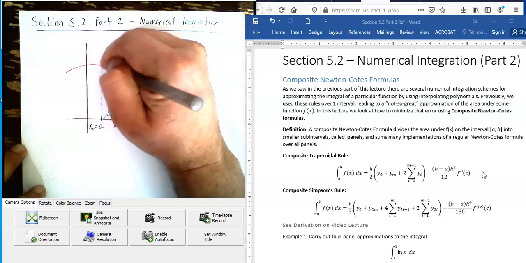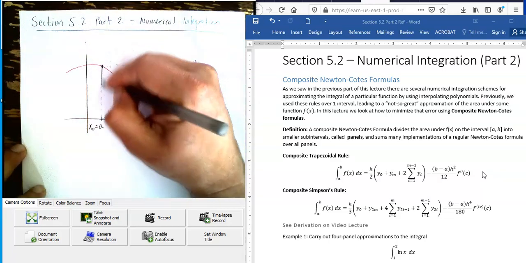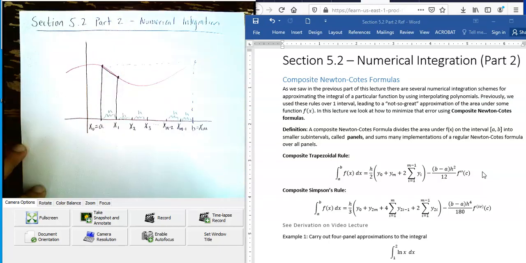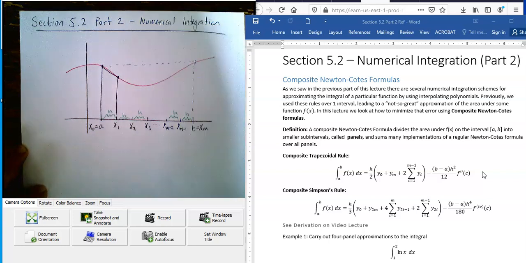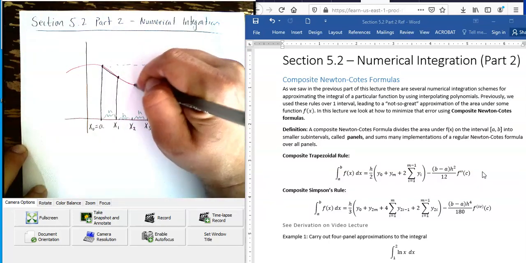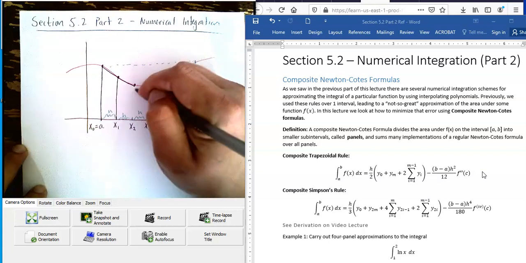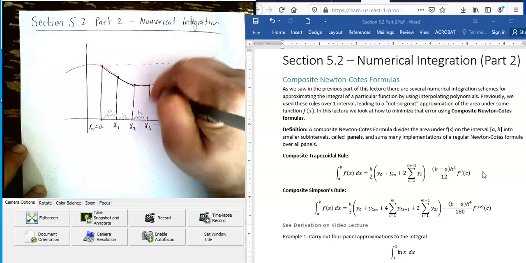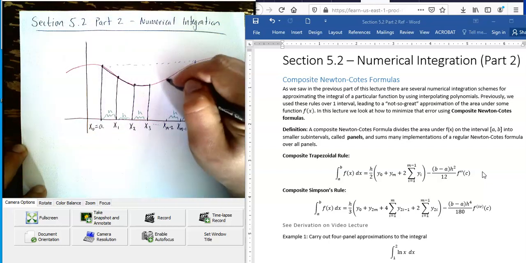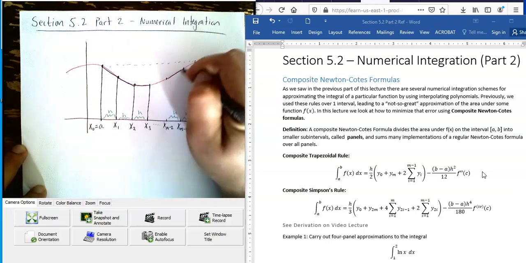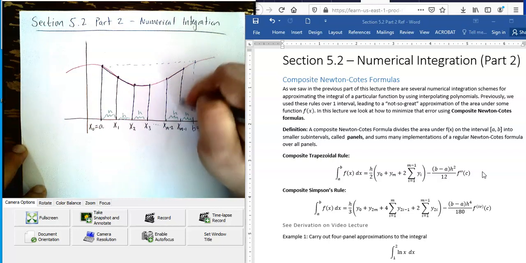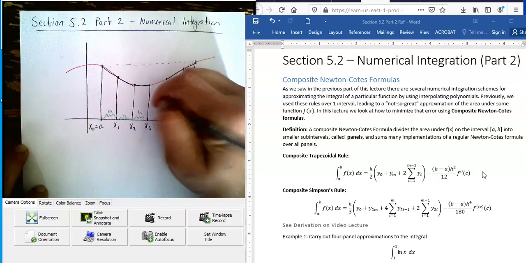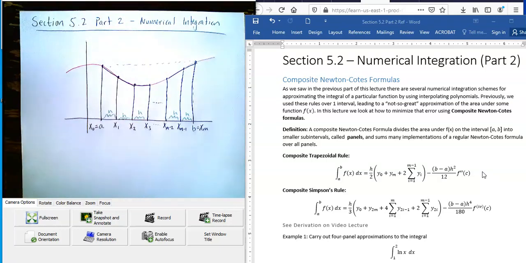Use these 2 points for the first subinterval to generate some trapezoid like this. Okay. Then I'll do it again. So I'll use these 2 points to generate another trapezoid. And again here. And again here. And here again. Okay? And we'll do that for all the x's in between as well.